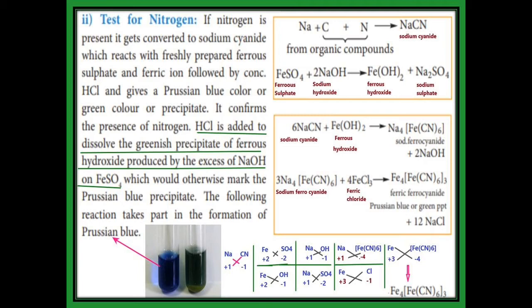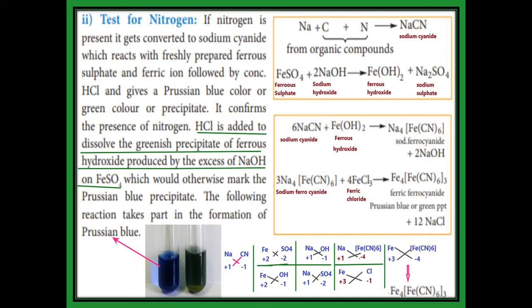So that sodium hydroxide first of all reacted with the ferrous sulfate and gives ferrous hydroxide, Fe(OH)2, and also sodium sulfate. How do we get the reaction? First of all split the ferrous sulfate as Fe2+ and SO4 2-, and sodium hydroxide as Na+ and OH-. Then the positive reacts with the negative. Which one is negative in the first one?